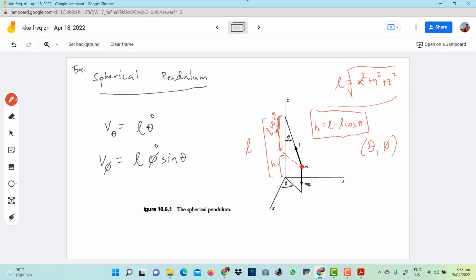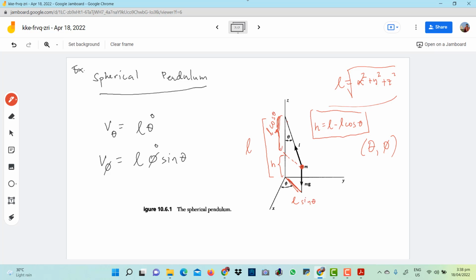Okay. So now I can get the kinetic energy. There are two velocities, so there are also two kinetic energies: kinetic energy along theta, and kinetic energy along phi. So why is it that v phi is L phi dot sine theta? Because, as you can see, if this is L cosine theta, then this length is actually L sine of theta.